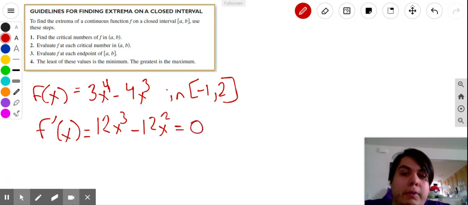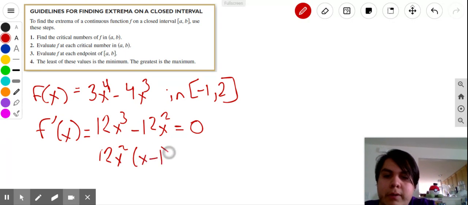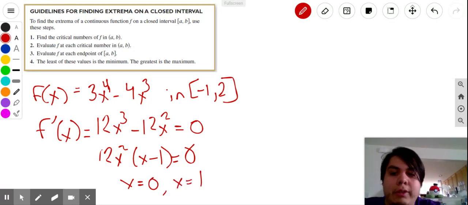That's what I need to do. So using some fancy factoring, 12x squared, x minus 1 equals 0. I get x is equal to 0 or x is equal to 1. Thanks, grade 3 factoring math stuff.